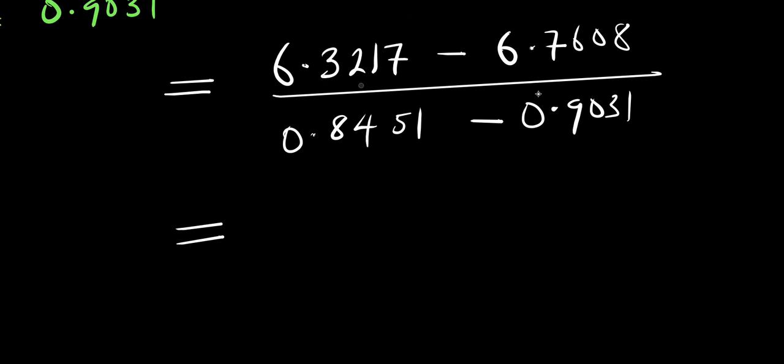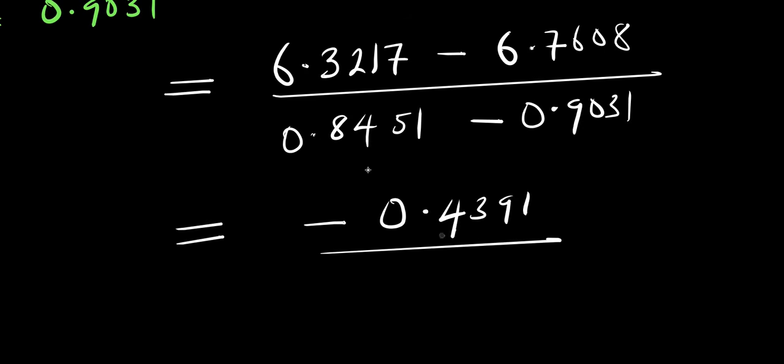So 6.3217 minus 6.7608 will simply give us negative 0.4391, divided by this, which also is negative 0.058. So the negative value will cancel the negative value.